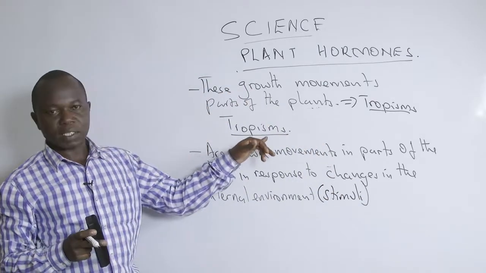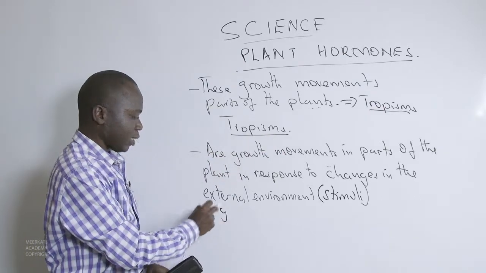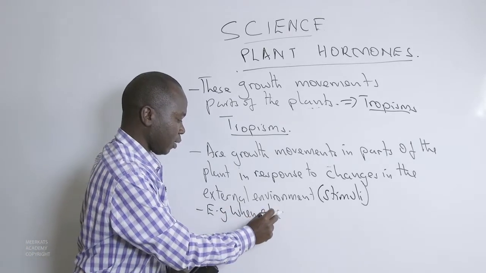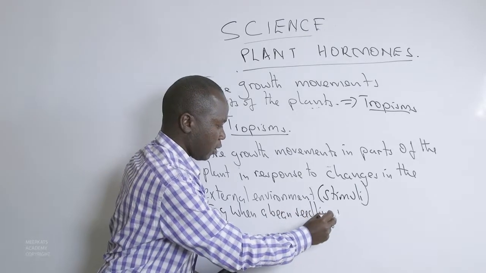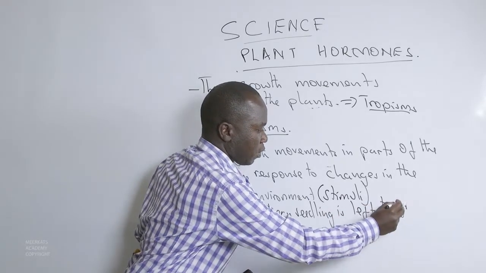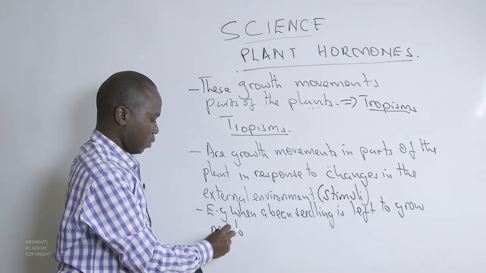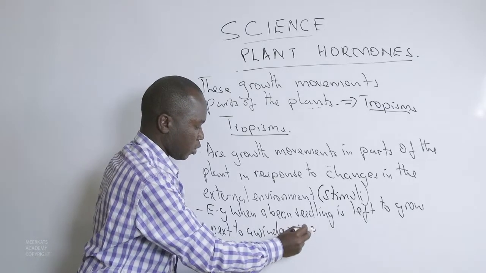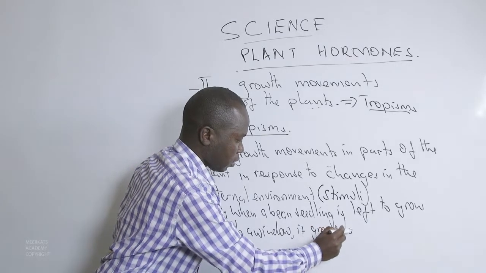So we are going to look at several examples of the tropisms. But before that, an example: when a bean seedling is left to grow next to a window, it grows towards light.